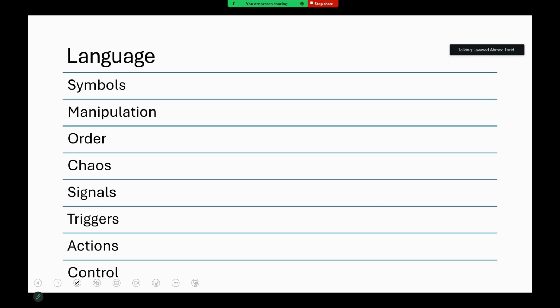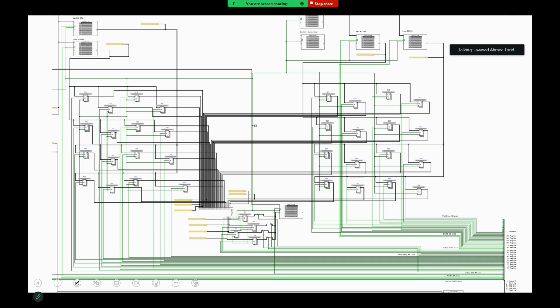So symbols के through हम manipulate करते हैं, and उससे we create order from chaos, and then the desired output may be a combination of signals, triggers, actions and control. Our objective is to sort of reduce the amount of chaos, reduce the amount of, I think the right word would be complexity, and simplify it to a point where we can handle and address it.